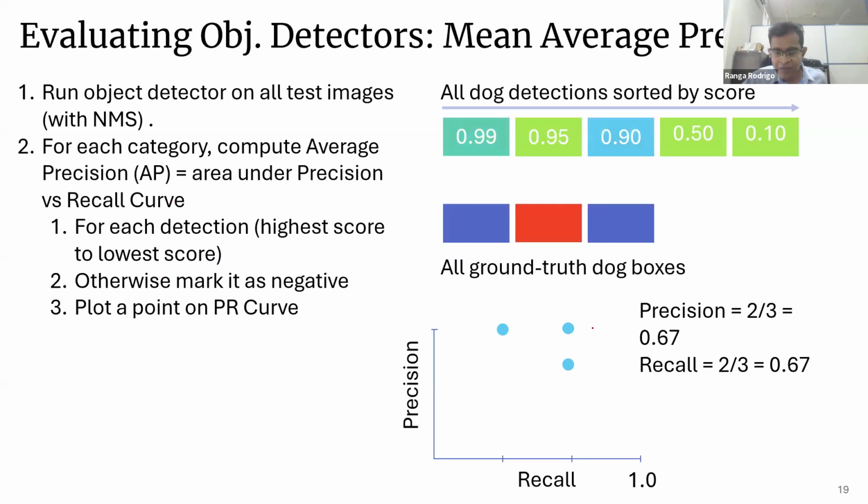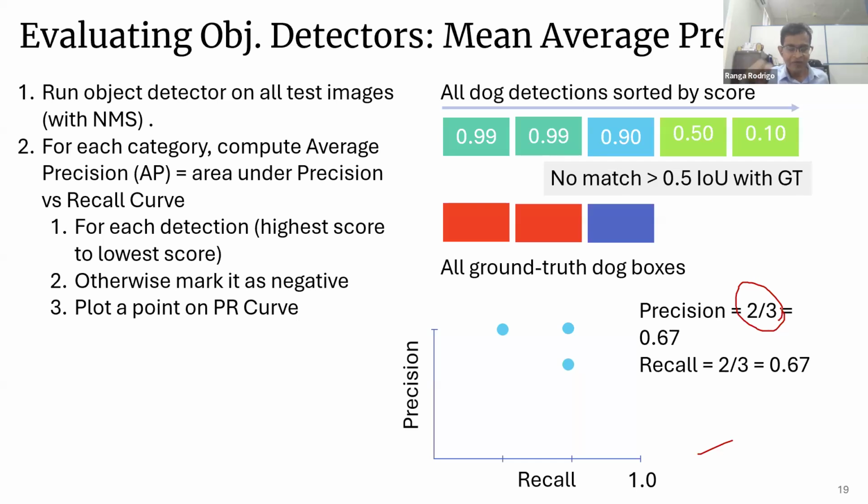For the 0.9 detection, there is no match with ground truth, so our precision is lower. Precision is now 2/3: out of the three that we detected, only two are correct. Recall is still two dogs covered out of three.